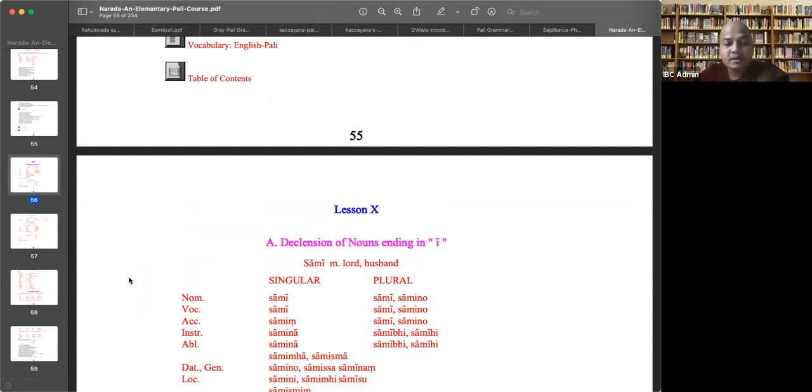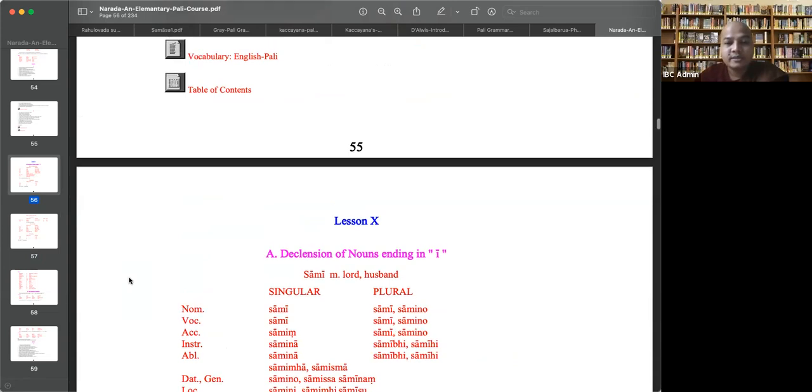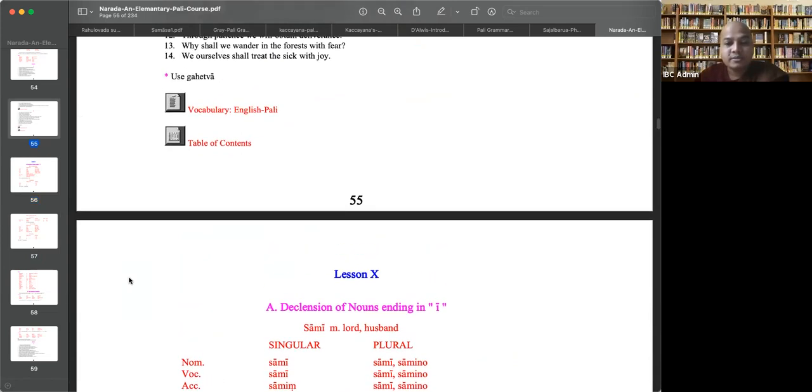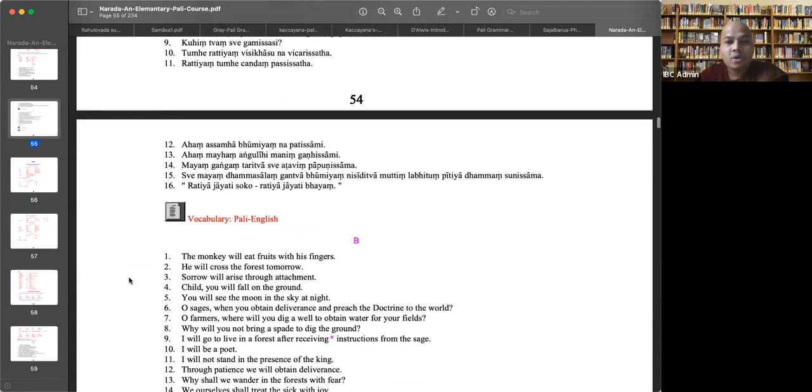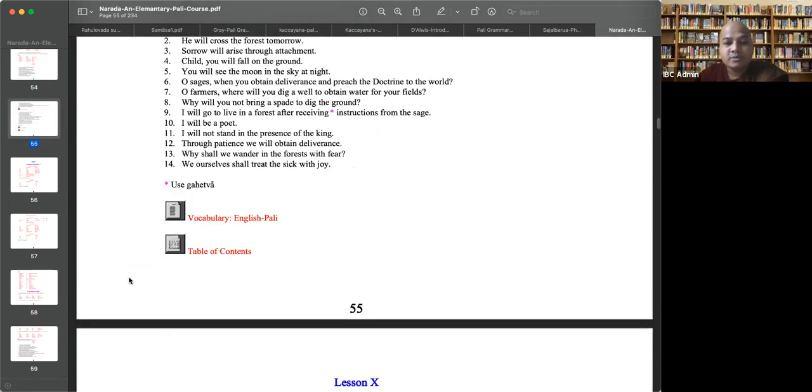declensions that are introduced together, because when talking about declension of nouns ending in a particular vowel, for example, short e and long e, nouns belonging to masculine gender, neuter gender, and feminine gender are all introduced together.